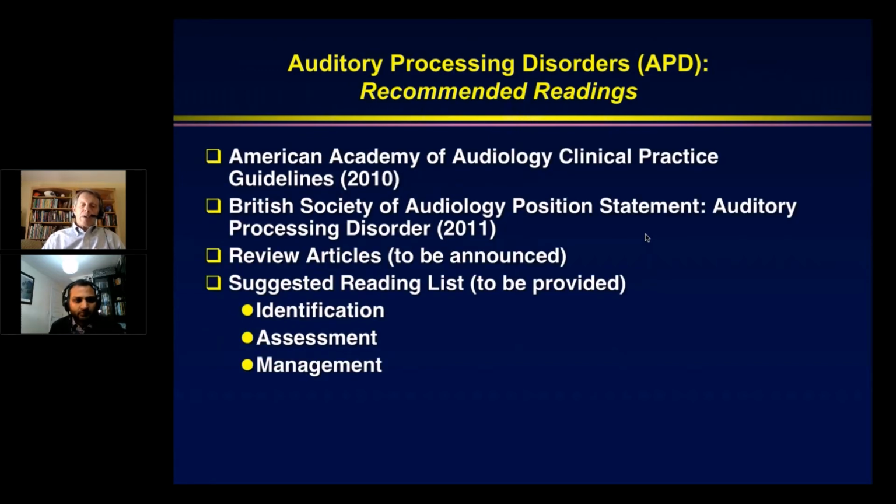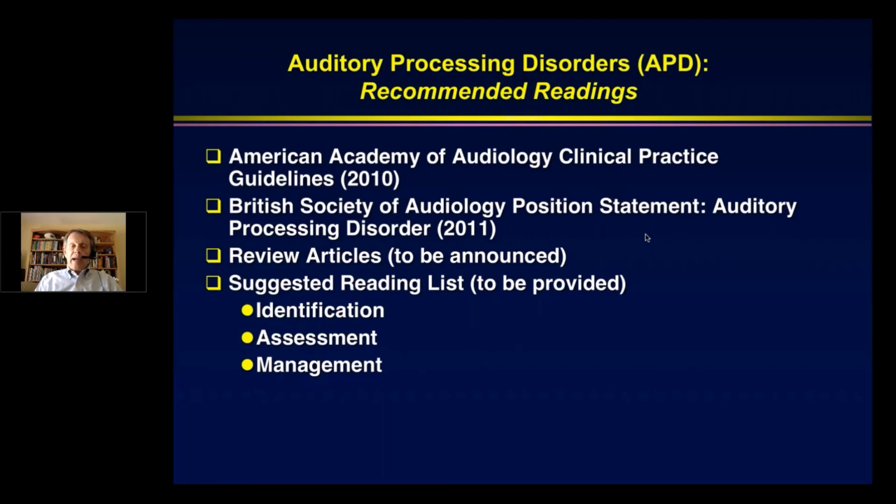The first recommended readings that I'm going to refer you to are what are called clinical practice guidelines. The AAA clinical practice guideline will be the first I'm going to suggest to you. The American Academy of Audiology is now actively involved in producing clinical practice guidelines on everything audiologists do in the clinic.